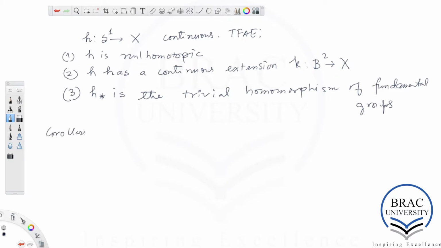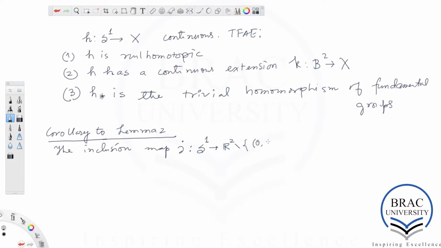Corollary to Lemma 2, which states that the inclusion map J from the unit circle to this topological space, the punctured two-dimensional Euclidean plane, is not null homotopic.